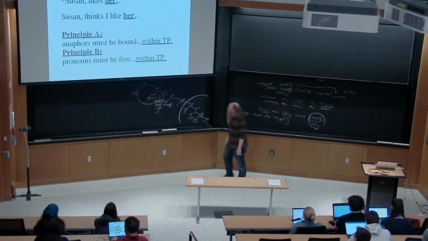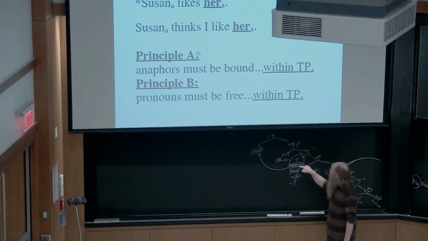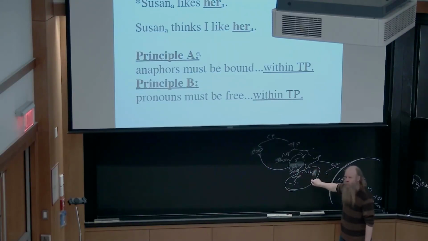And if you do T to C of will or should or might, then you just move them over there and nothing else happens. If you have an s, then there are a couple things that happen. If you aren't head moving it, then it attaches to this verb, so you end up with "Susan thinks." And we have to figure out how these two things come together to form a verb. And sadly, it's long enough since we did syntax that I'm unwilling to try to tell you that.